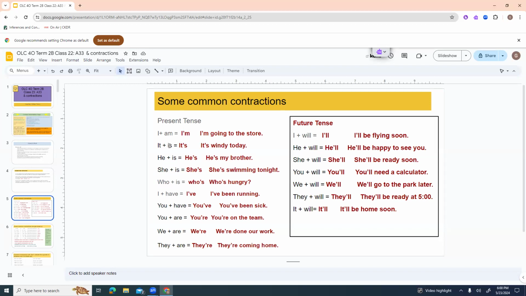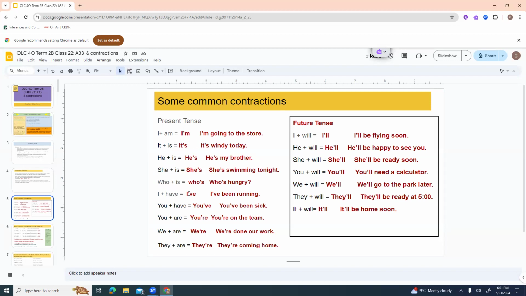It plus is becomes it's, like it's windy today. He plus is becomes he's my brother. She plus is becomes she's swimming tonight. Who plus is becomes who's hungry.